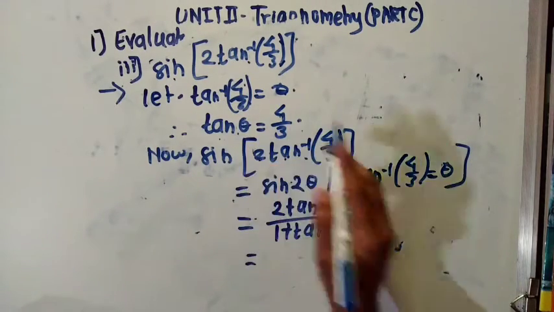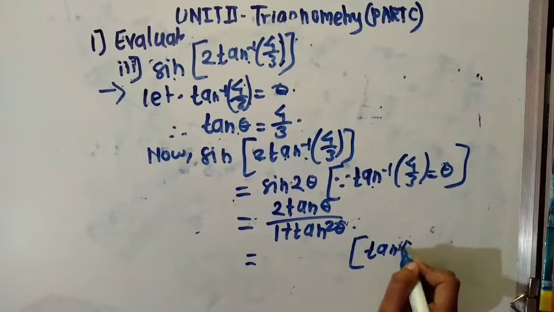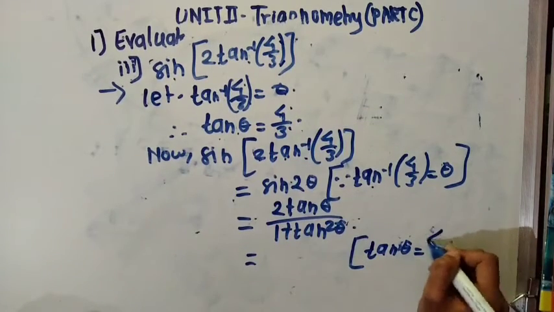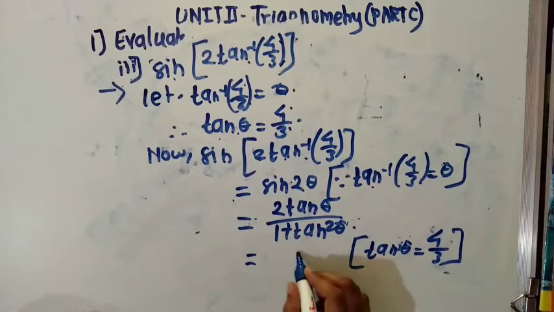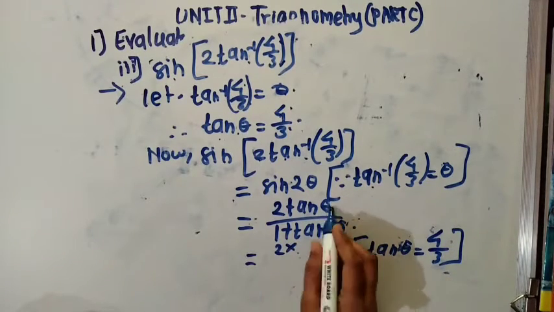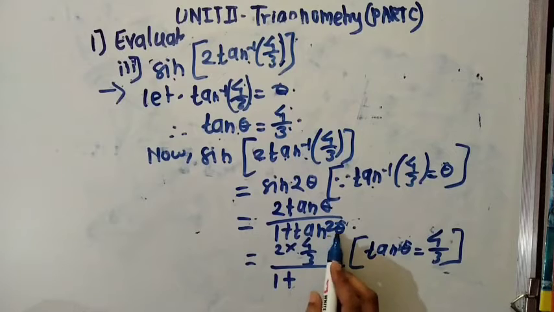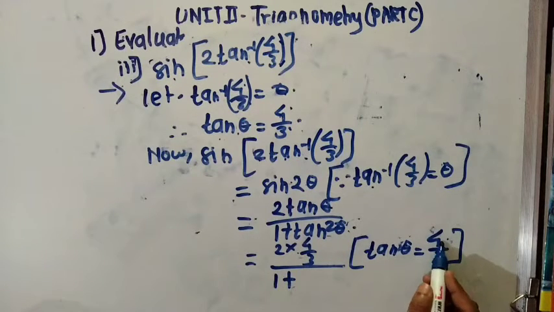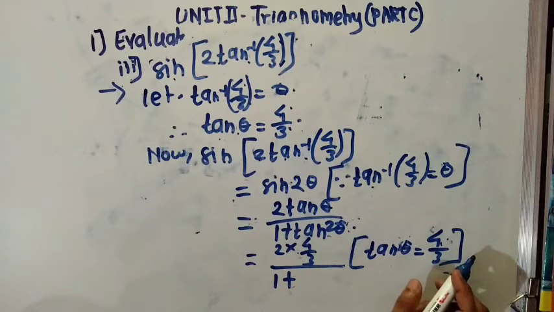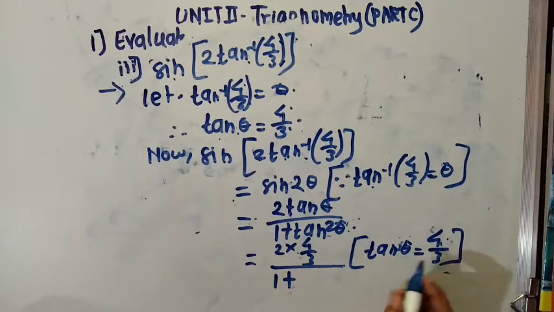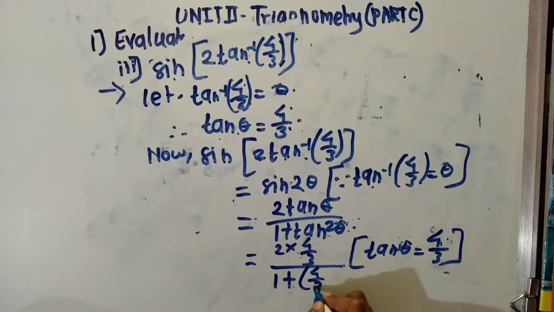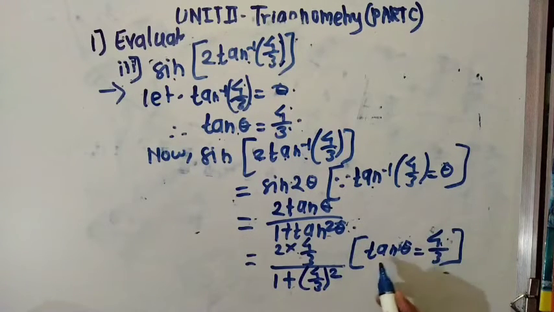Here tan theta is equal to 4 upon 3, so we put this value in the equation: 2 into tan theta, which is 4 upon 3, upon 1 plus tan square theta, which is 4 upon 3 squared.